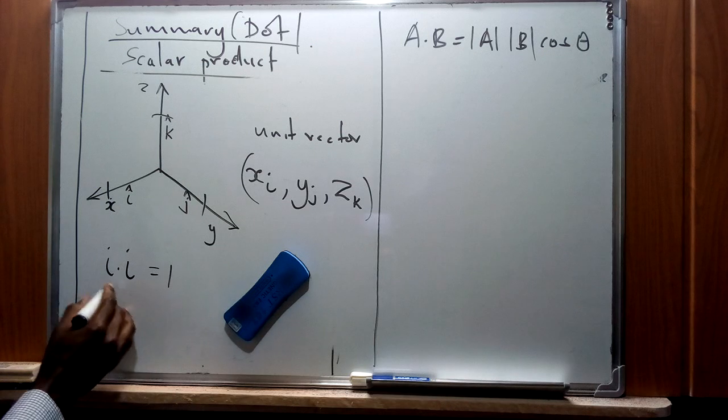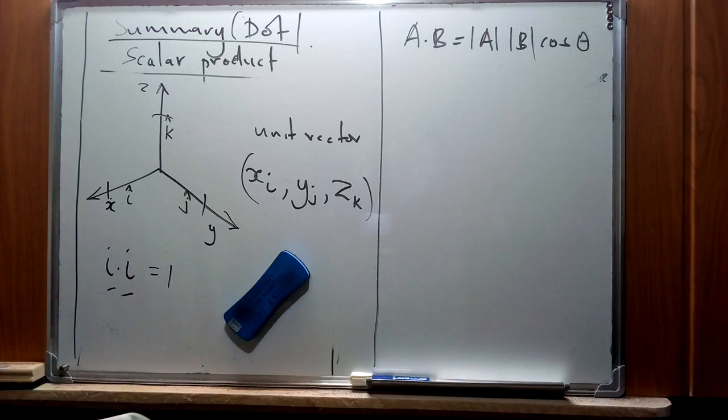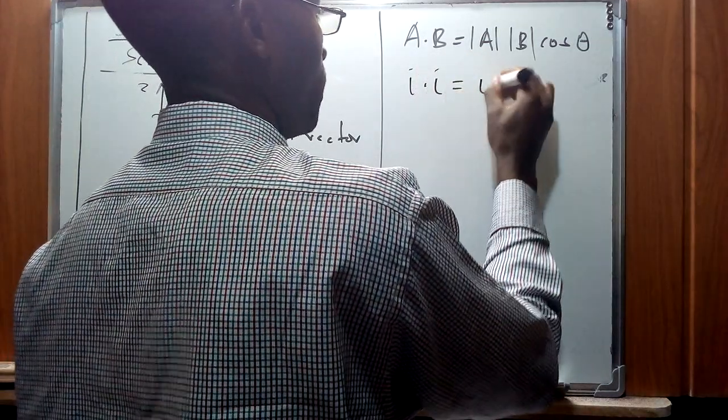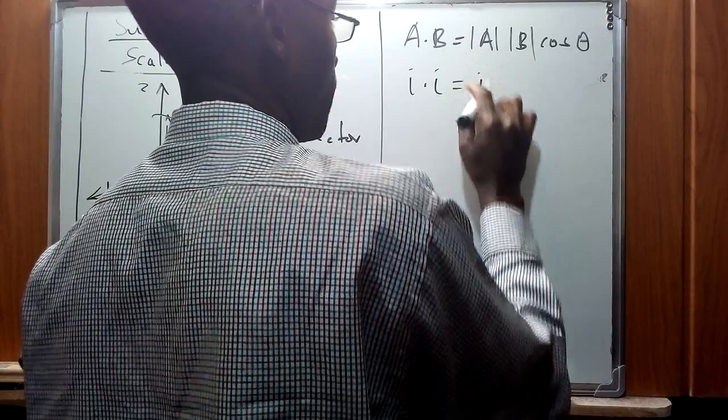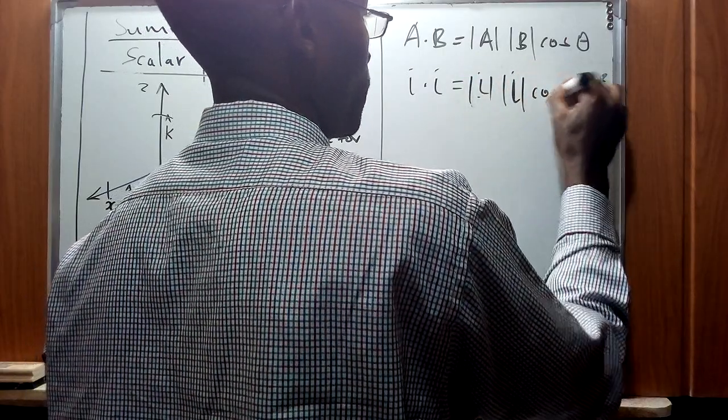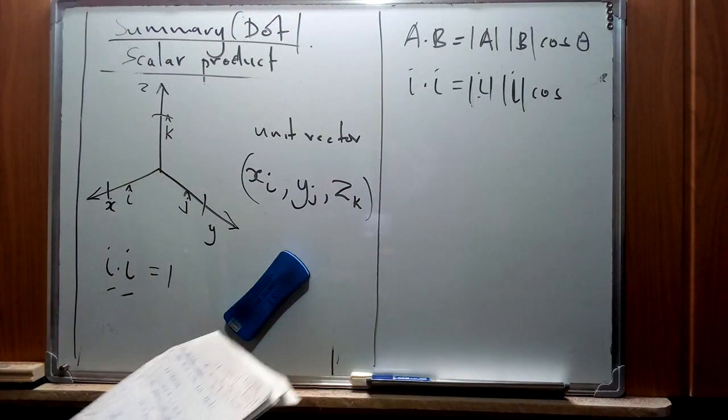Now given that our A and B here are representing vectors that are moving in the same direction, or just a similar vector, which is i dot i, this is going to give us the modulus of i, times the modulus of i, times the cosine of theta.